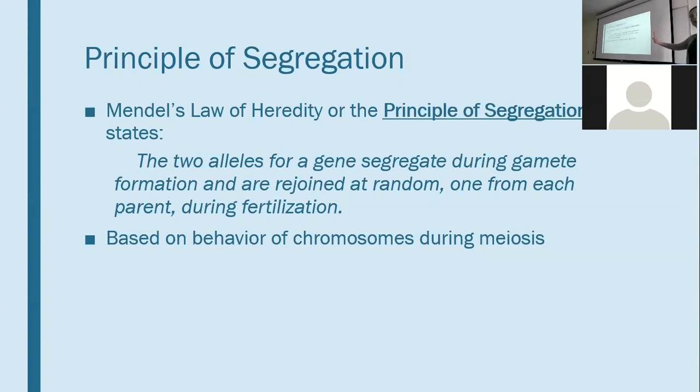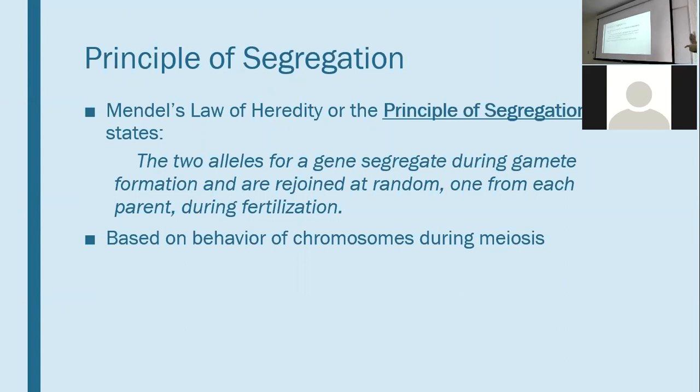In meiosis, we take them apart and put them in different cells. So two alleles for a gene segregate during gamete formation, i.e. meiosis, and then get rejoined at random, right? A gamete from this parent and a gamete from this parent, which has one copy of every option, fused during fertilization. So you get this principle of segregation of traits during gamete formation.